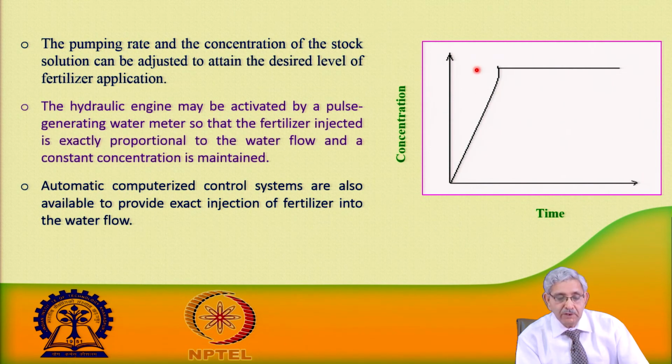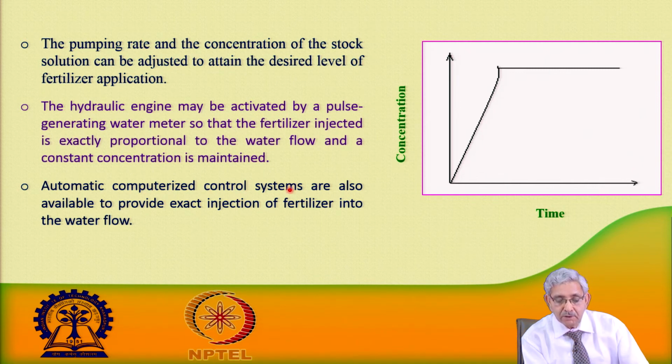The pumping rate and concentration of the stock solution can be adjusted to attain the desired level of fertilizer application. This could be operated by an electric engine or a pulse generating water meter, so that the fertilizer injected is exactly proportional to the water flow and constant concentration is maintained.